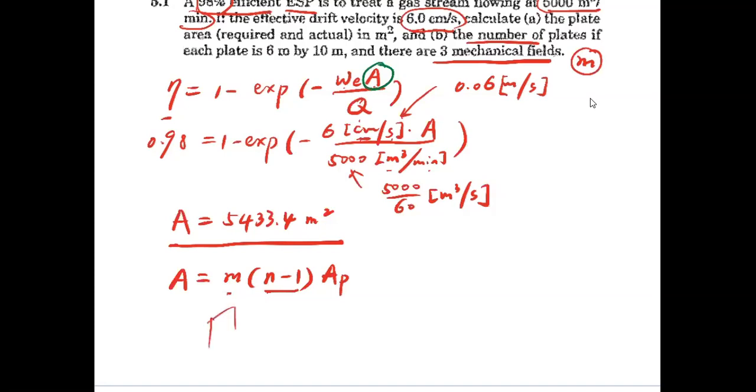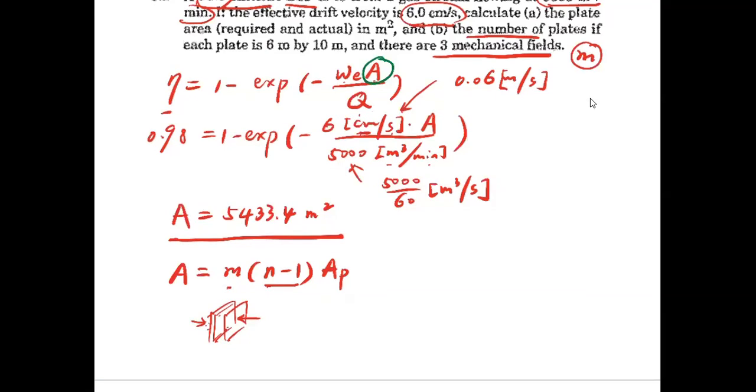So for all the arrangement of the ESP, we know that the outside of the ESP is not being used. Let's say for the inside plates, we're using both sides, but for the two plates at the start and at the end, we're not using the area. So that's why we'll minus 1 here, right? And then calculate the product.